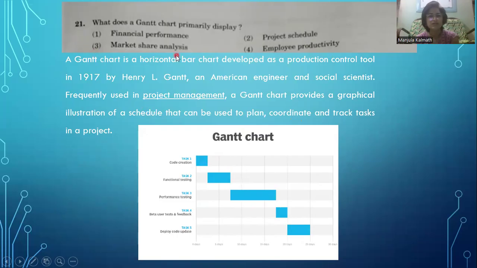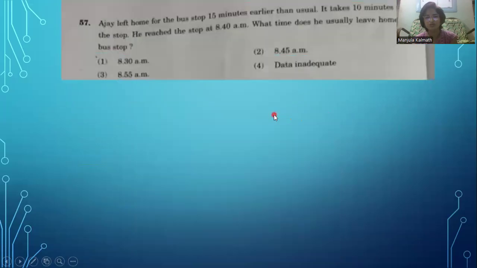A Gantt chart is a horizontal bar chart developed as a production control tool in 1917 by Henry L. Gantt, an American engineer and social scientist, frequently used in project management. It is used in the project schedule. A Gantt chart provides a graphical illustration of a schedule that can be used to plan, coordinate, and track tasks in a project. So the correct answer for this one is project schedule.